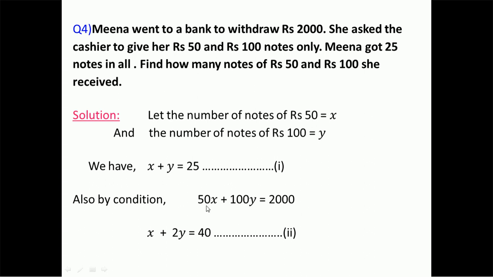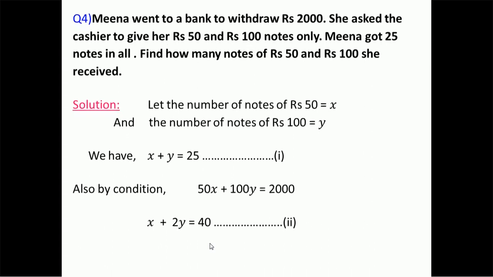Now this is divisible by 50, so we'll divide both sides by 50. We get x plus 2y is equal to 40. So we got both equation 1 and equation 2. So students, you will solve this by elimination method and get the value of x and y.